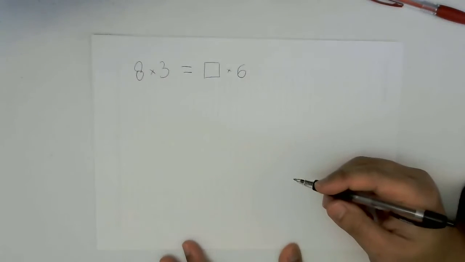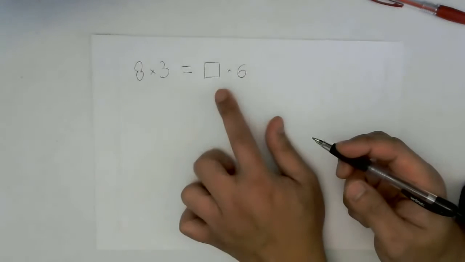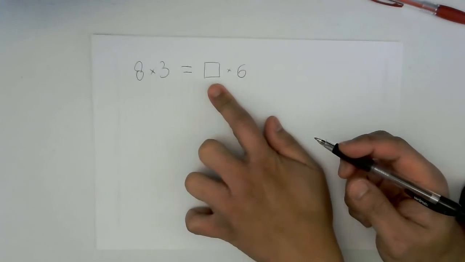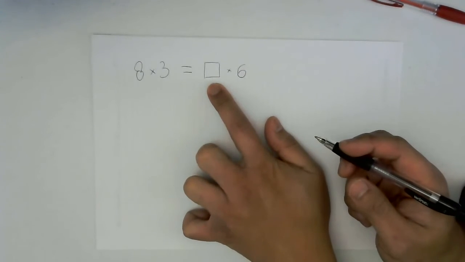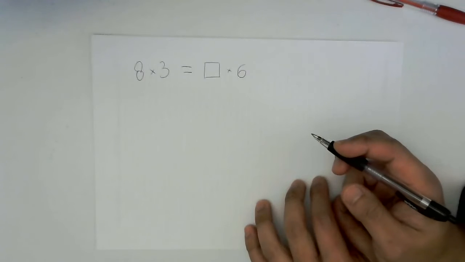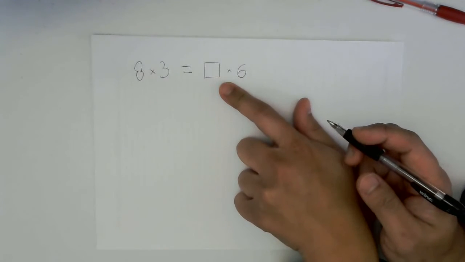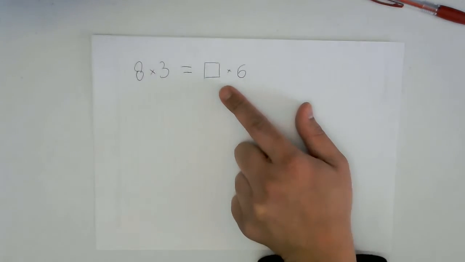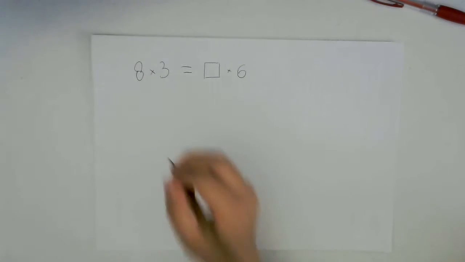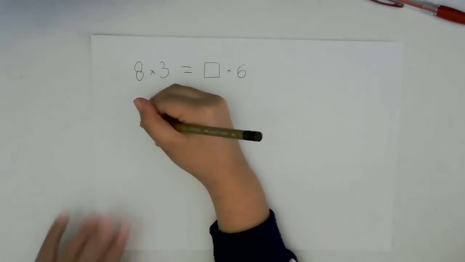So now the goal is to find what's inside this box, and based on what you saw before, the seesaw, you can try to work out this number now, using the seesaw.